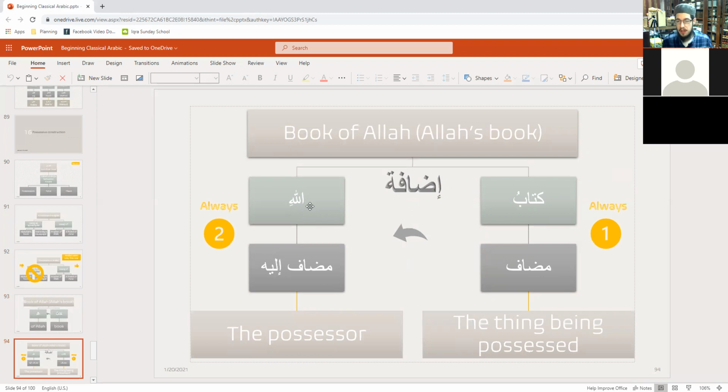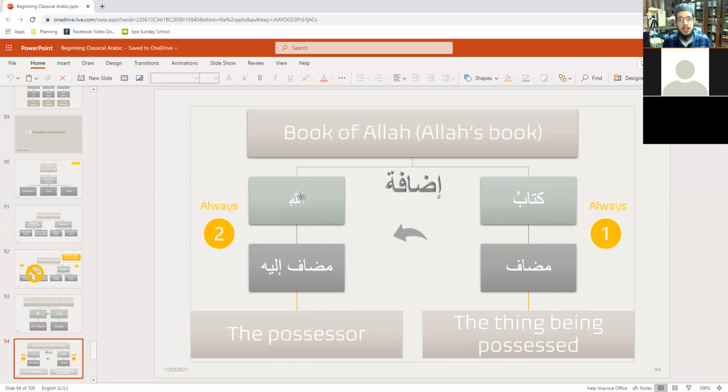The first important thing to realize, what is fixed, is in the one who's possessing. In this example, Allah is always going to have a kasra. It's always going to be majroor, in the genitive case. Allahi, it's never going to be kitabullahu.